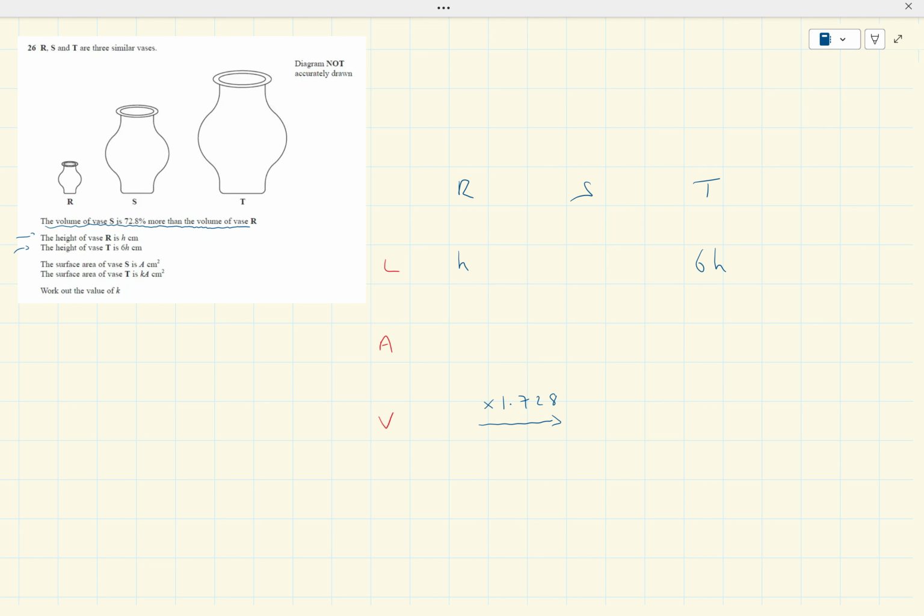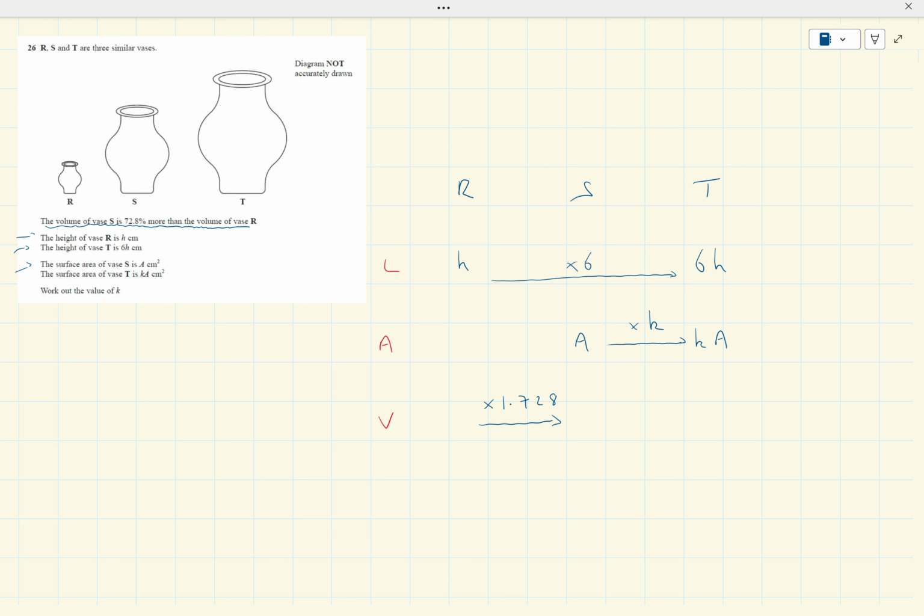Okay, we're told the surface area of vase S is A square centimeters, and the surface area of vase T is K times A. So you can see there I filled in the table with all the information I've been given, and I can see that the area scale factor from S to T is K, and I can also see that the linear scale factor from R to T is 6.